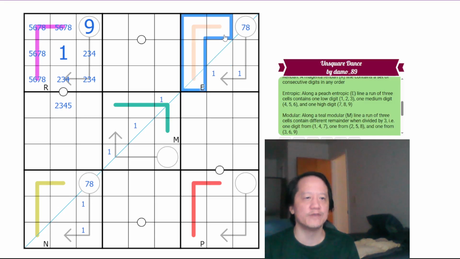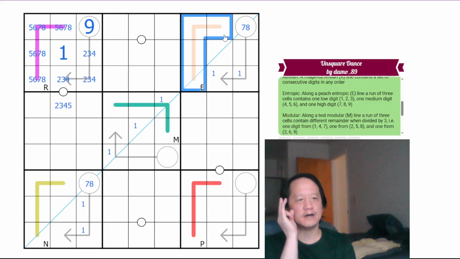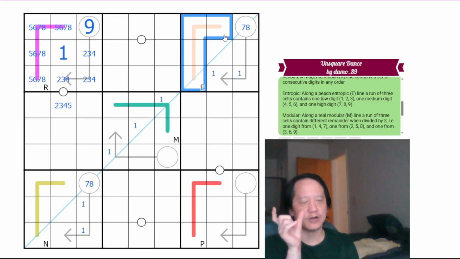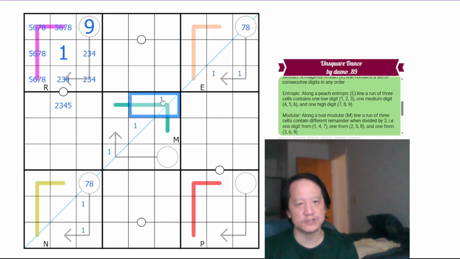So anytime you have a line where you have 3 digits that are each from one different set, the next set of 3 digits, you're going to lose one of those sets. So that means these two must be the same set. And these two must be the same set. Well, we know these two cannot both be low, because we're guaranteed 2 lows to add up to the singular digit here.